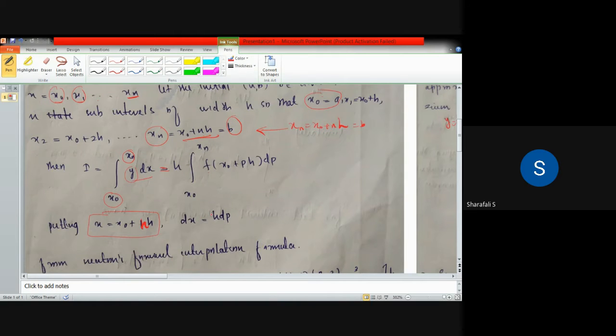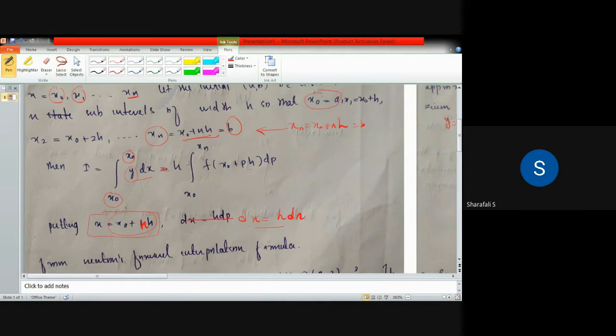So that will give me my dx. If you differentiate this with respect to n, we get dx by dn equal to h. So dx equals h dn, h times dn.